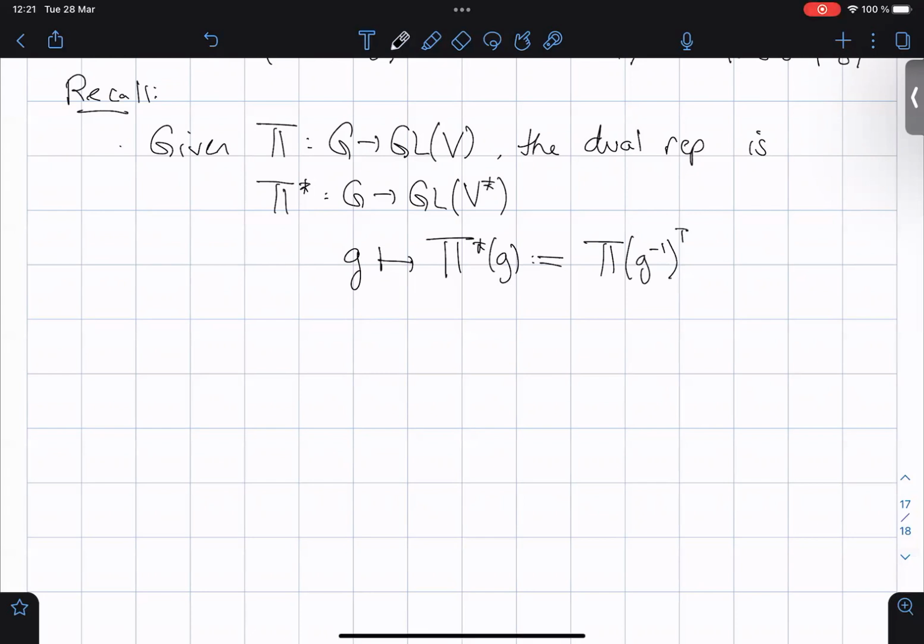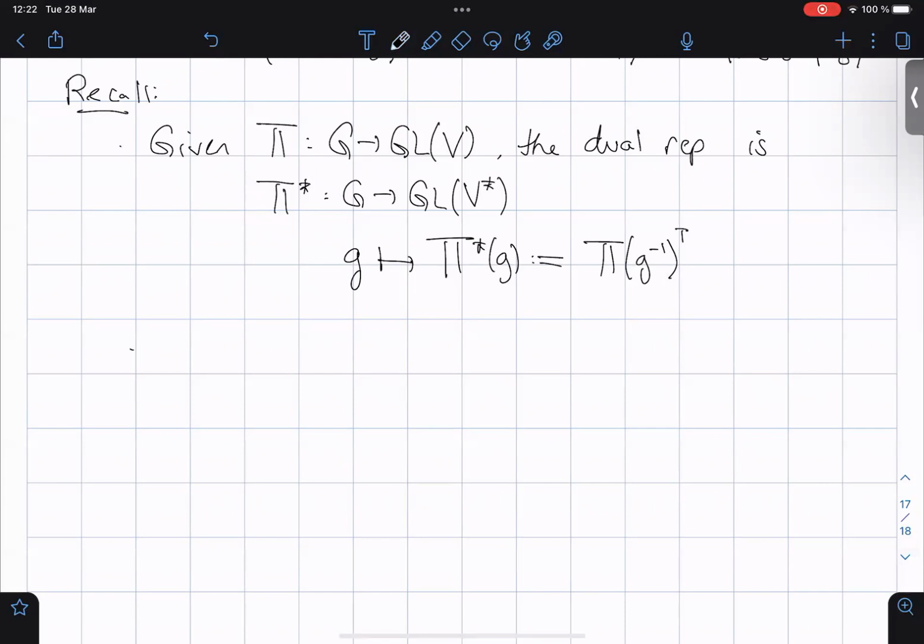So pi of g inverse is like a matrix acting on this space over here, if I fix a basis, and then I take its transpose. So there's this inverse and then transpose to construct the corresponding matrices for this dual representation.